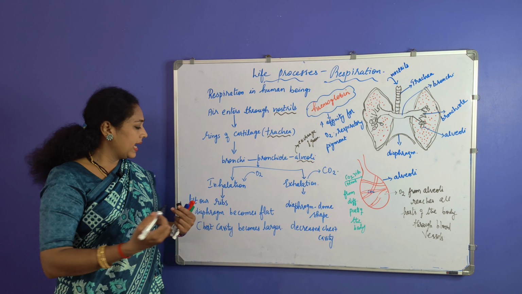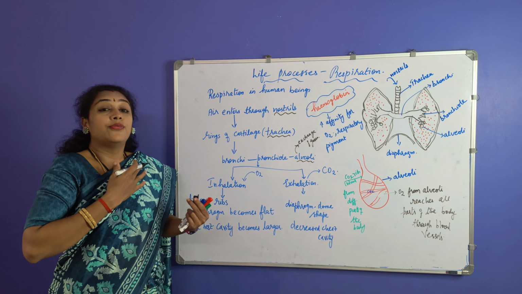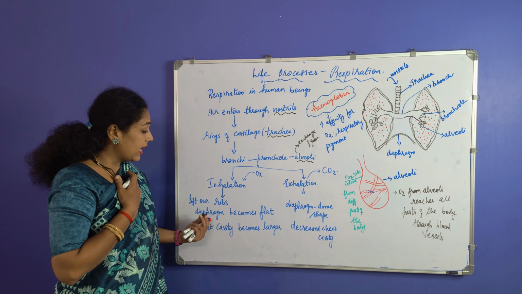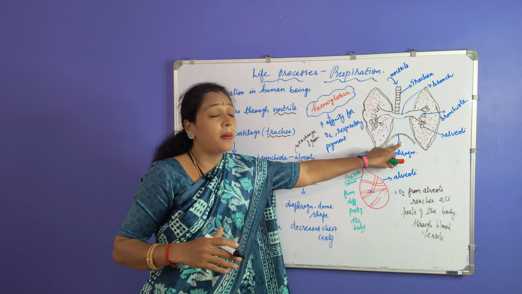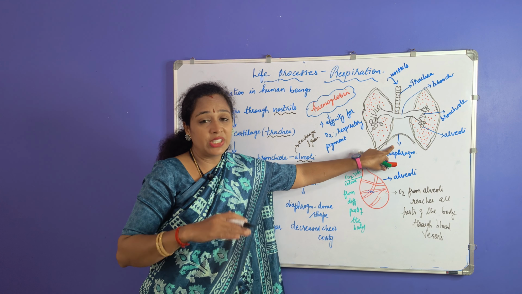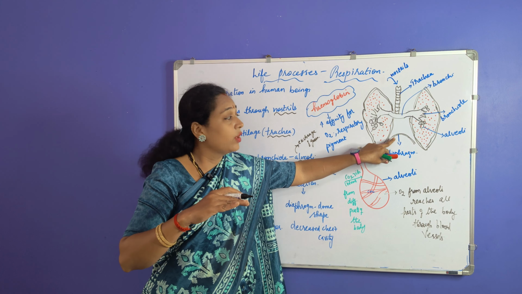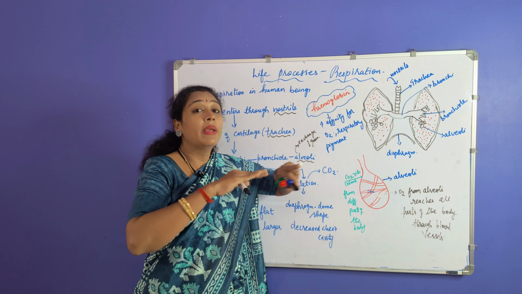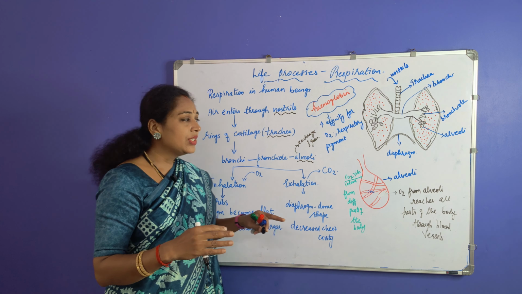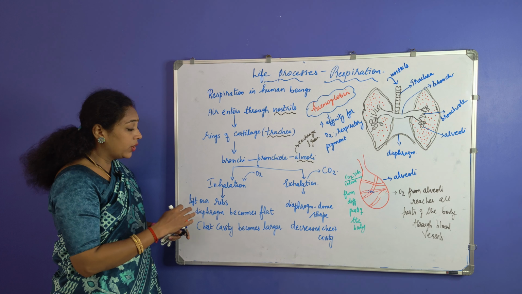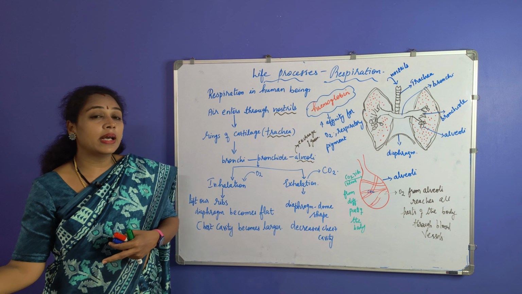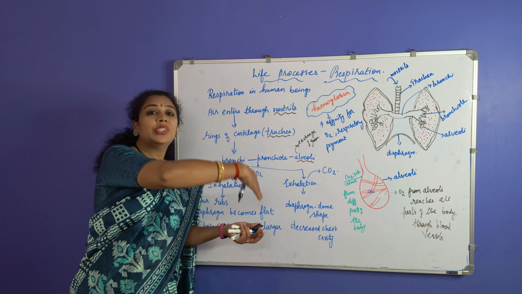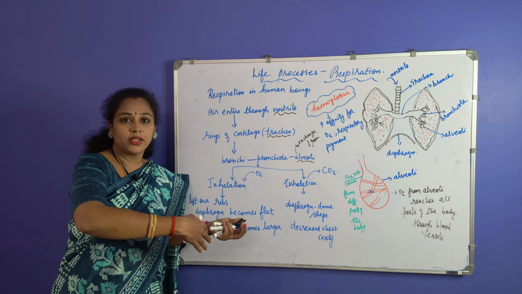So when you inhale, you can see the lifting of the ribs, and the diaphragm becomes flat. The diaphragm is the muscle present below the lungs, and as this diaphragm becomes flat, the chest cavity becomes larger, and thereby the air from outside rushes inside the lungs.